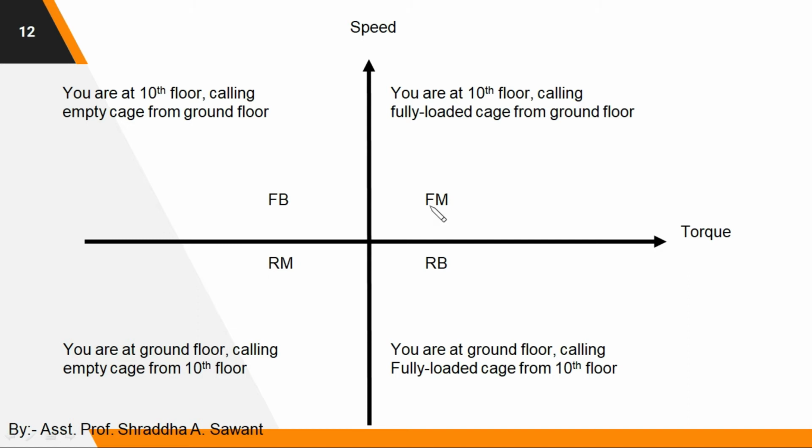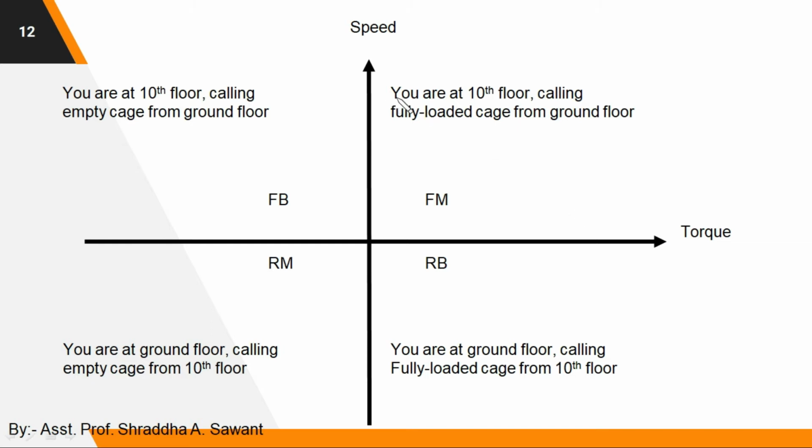The first quadrant acts as a forward motoring quadrant, correct? Forward motoring means forward direction of speed, the lift should go up. And why is it motoring? Motoring means power should be positive, which means speed should be positive as well as torque should be positive.